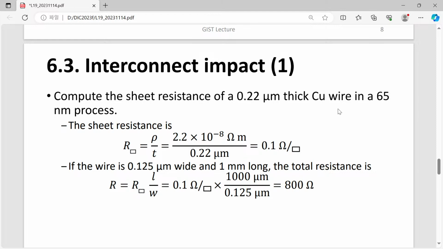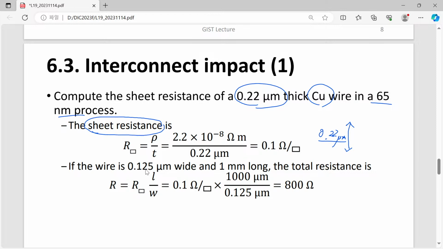For example, consider a certain process. It has a copper wire, and the copper wire has a thickness of 220 nanometer, so 0.22 micrometer. Then the first question is, what is the sheet resistance?